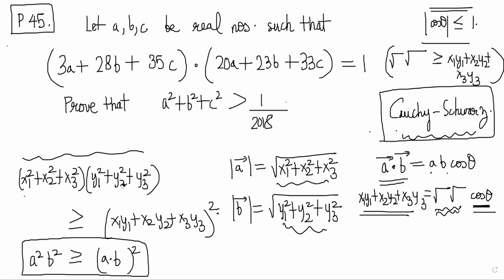Sir, can this inequality be applied for any set of numbers or only in vector form? x1, x2, x3 are real numbers, any real numbers. This inequality is valid for all reals. So there is no need that x1, x2, x3 and y1, y2, y3 should be part of a vector.